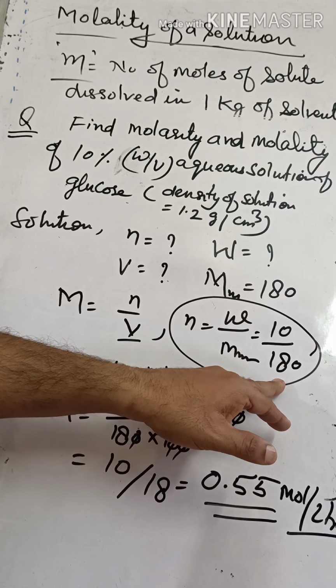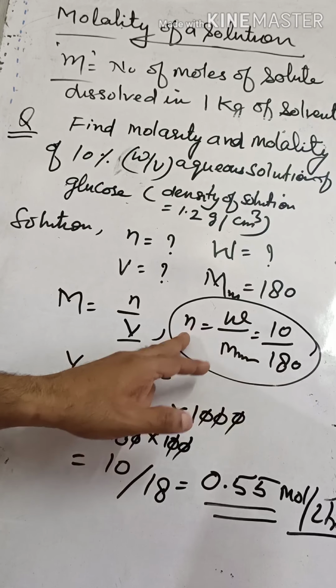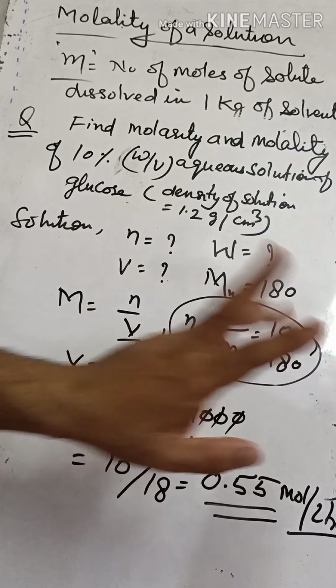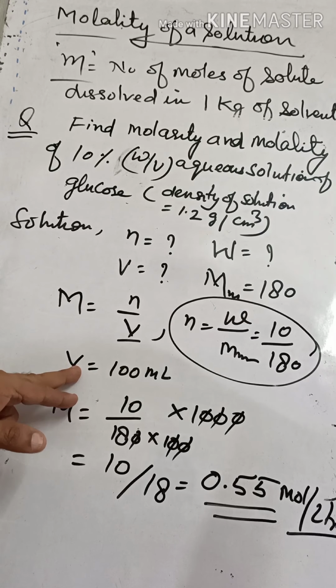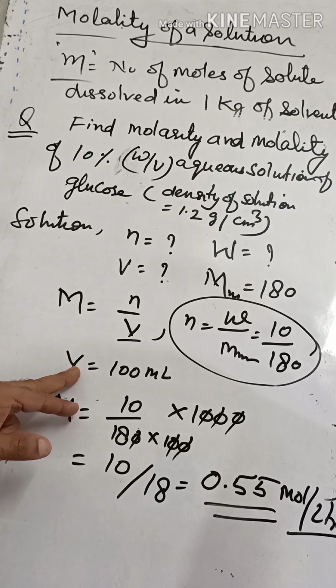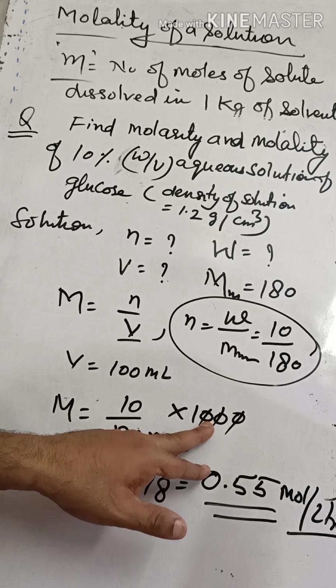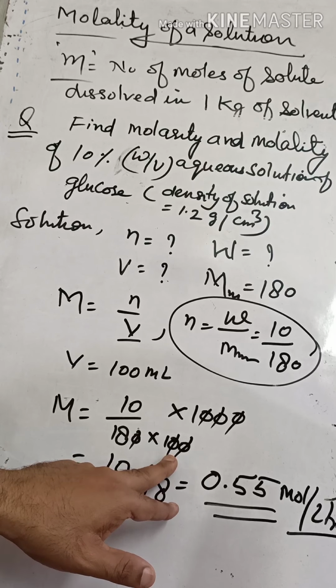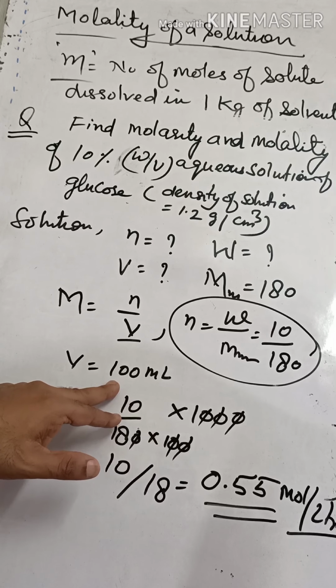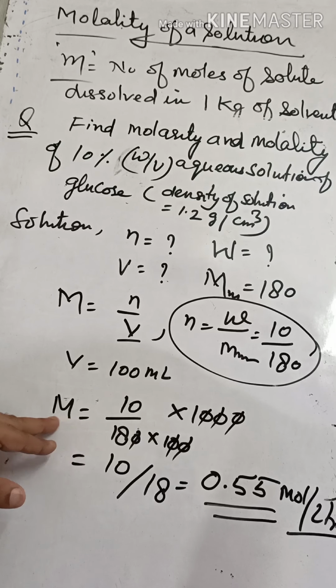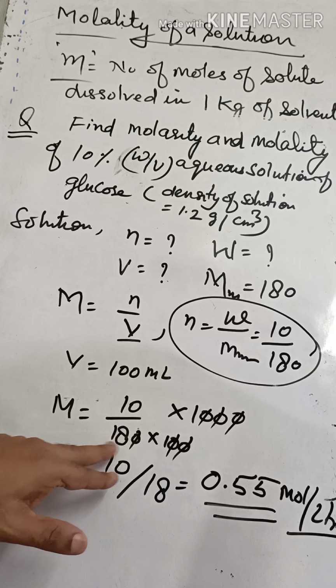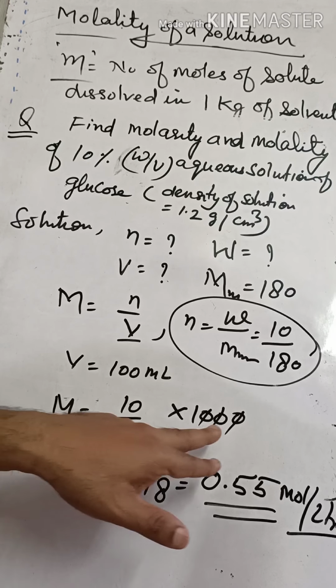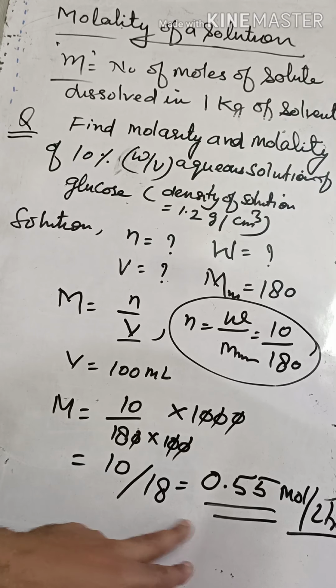So number of mole is 10 by 180. Volume is 100 ml; when it is given in ml or cc, we multiply by 1000 to change it into liter. So putting this value, 10 upon 180 multiplied by 1000 upon 100, then 10 upon 18. So this is the molarity.